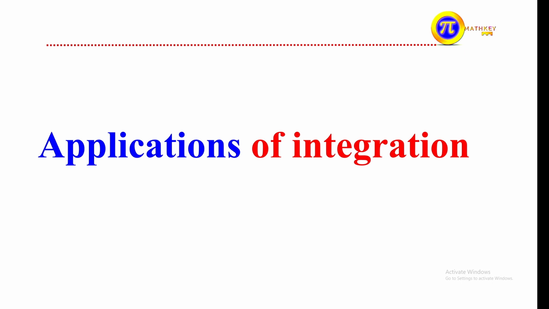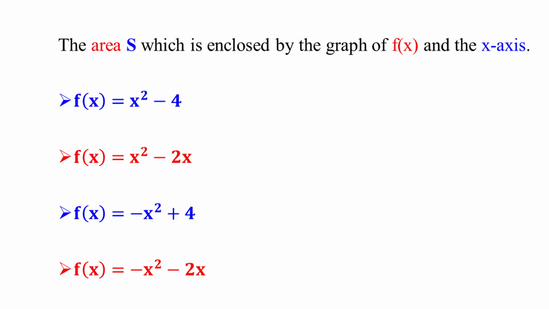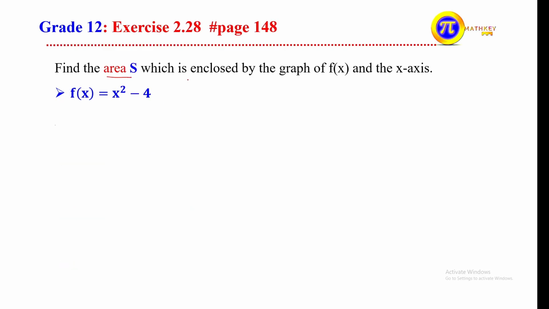How can we find the area of the given function between the given intervals, or between the graph of the function as well as the x-axis? Find the area S which is enclosed by the graph of f of x and the x-axis.